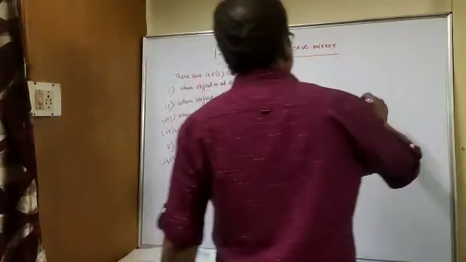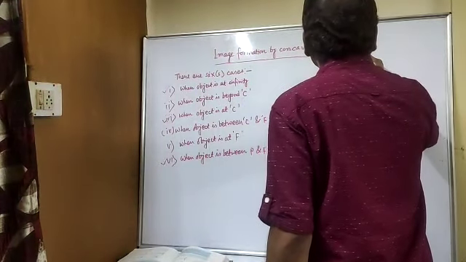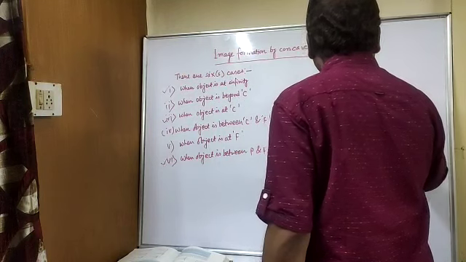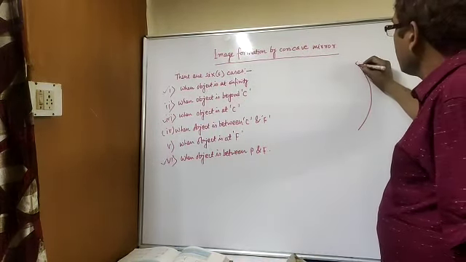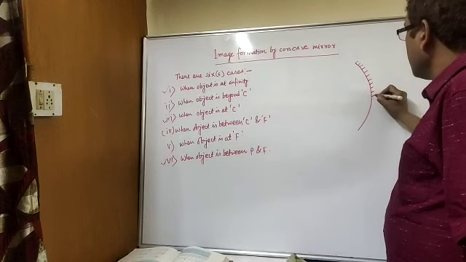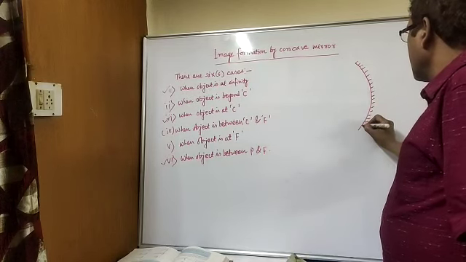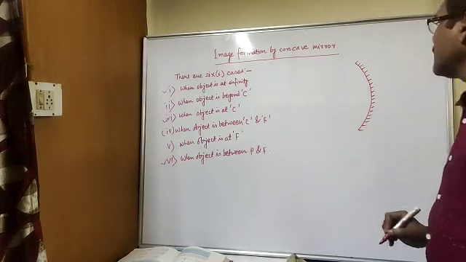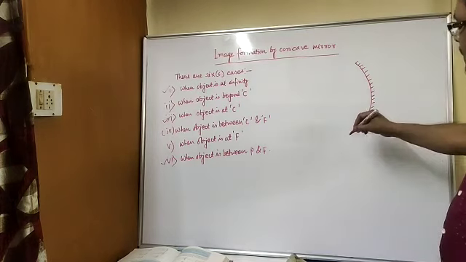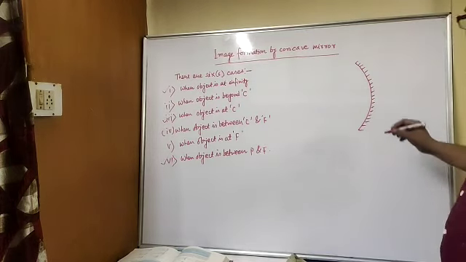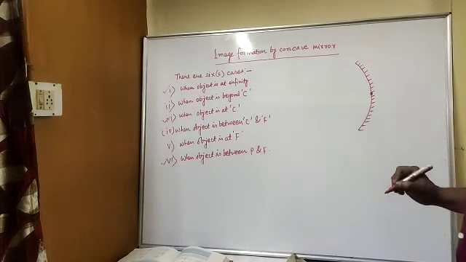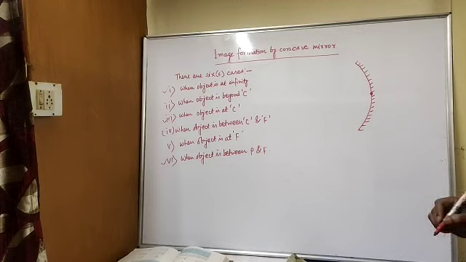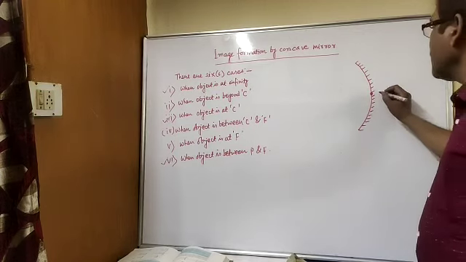So this is the common diagram that you have to draw. A concave mirror first. Suppose this is a concave mirror, the inner side is the reflecting surface. Mark a point at the center of the reflecting surface, and as you know, the name of this point is pole.